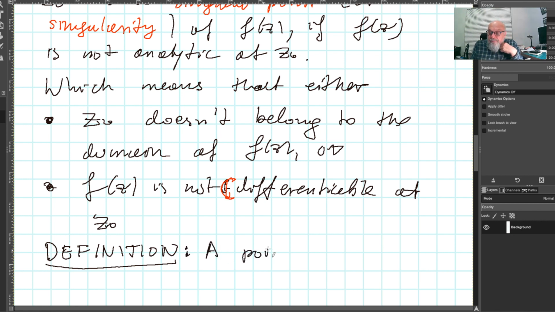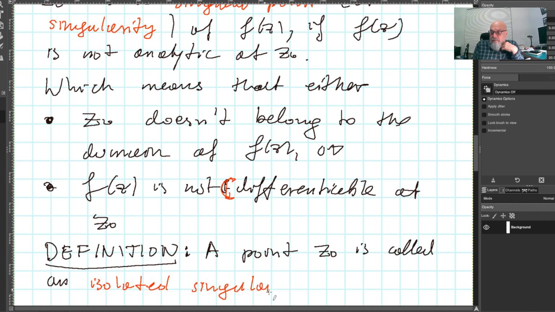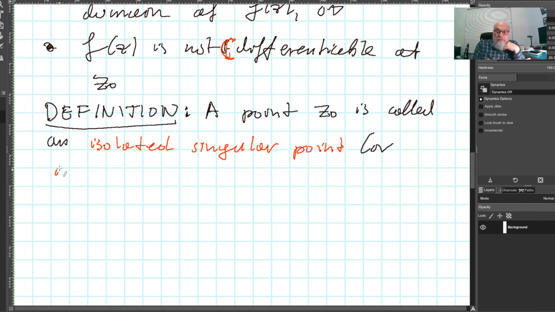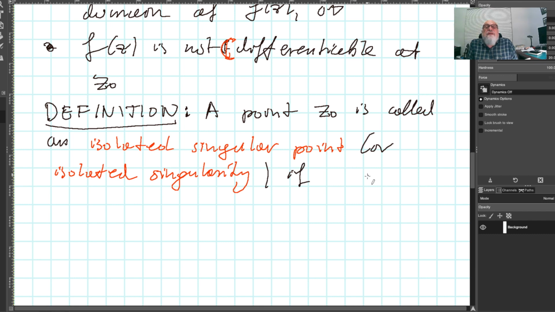A point z0 is called an isolated singularity if, except z0, there are no other singular points in a neighborhood of z0.